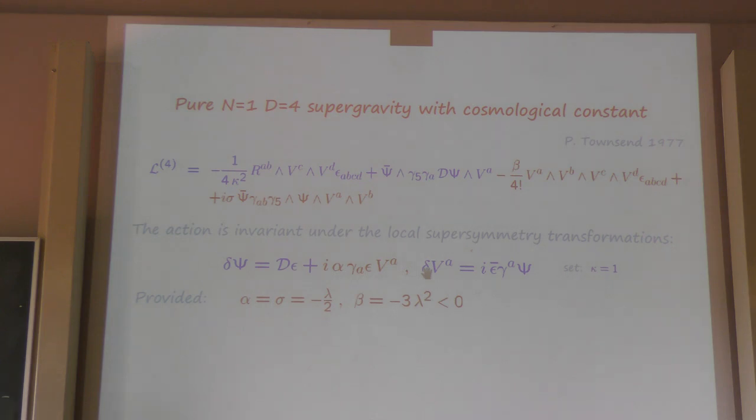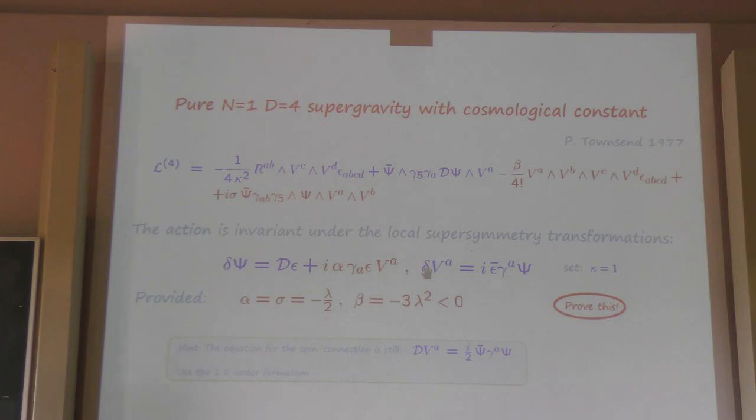De Sitter vacuum can never be supersymmetric. I will give another proof of this later, but this is the simplest. You work out the calculations, you prove the invariance of the action, and you see that beta has to be negative.